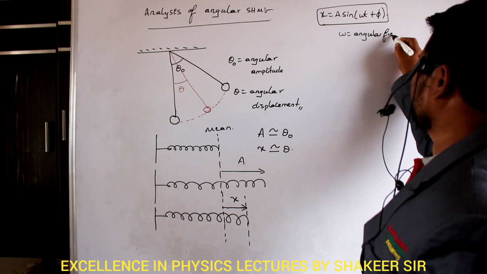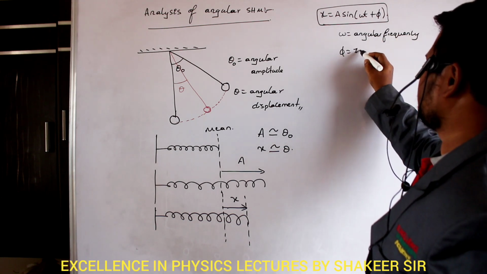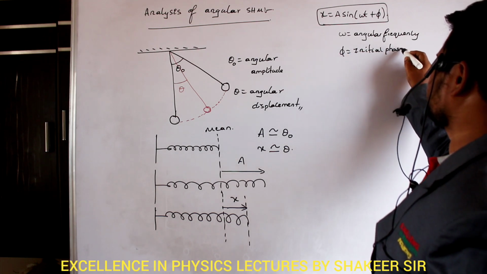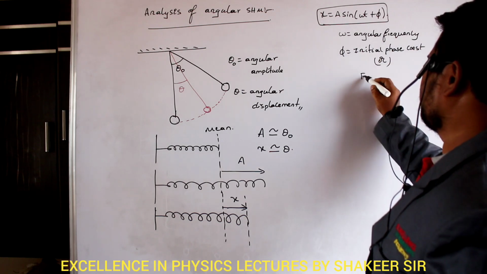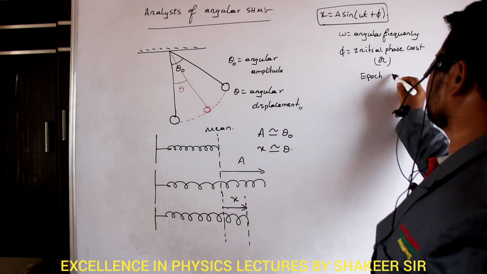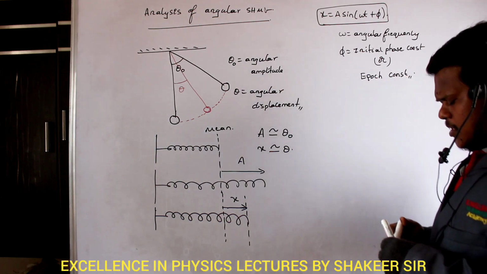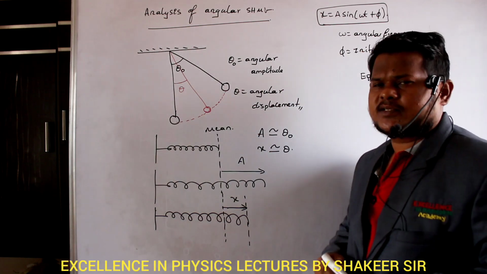Already we have studied these many times. And what is phi? Phi is called the epoch constant, or initial phase constant, or just initial phase, or epoch. The same equation of linear motion I can use for angular SHM also.